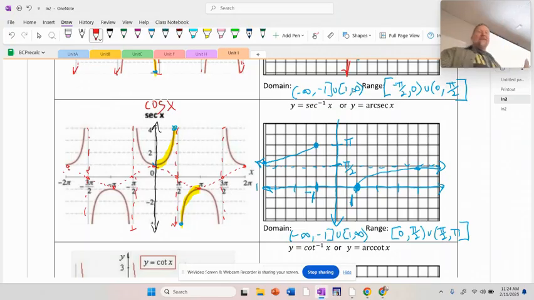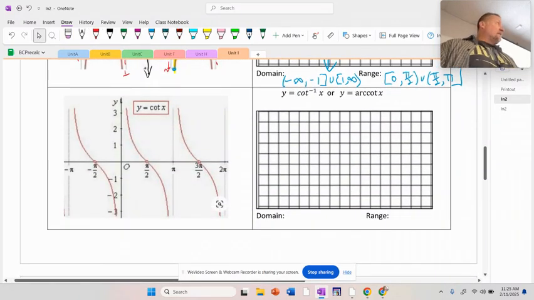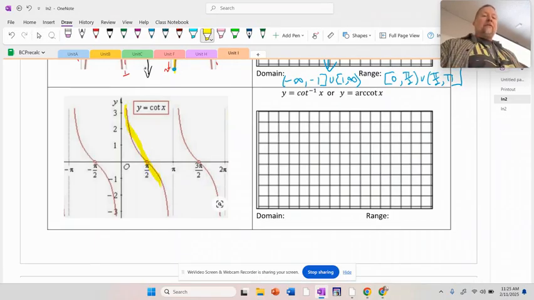Everything's all right. All right, and then cosine and secant have the same rules as well. They're tied together. So if I know cosine's rules, I know secant's rules. Here's what's different: cotan and tan do not have the same rules. It's because of the graph. Look at this. This graph happens from here to here, and every single range value occurs between 0 and pi.